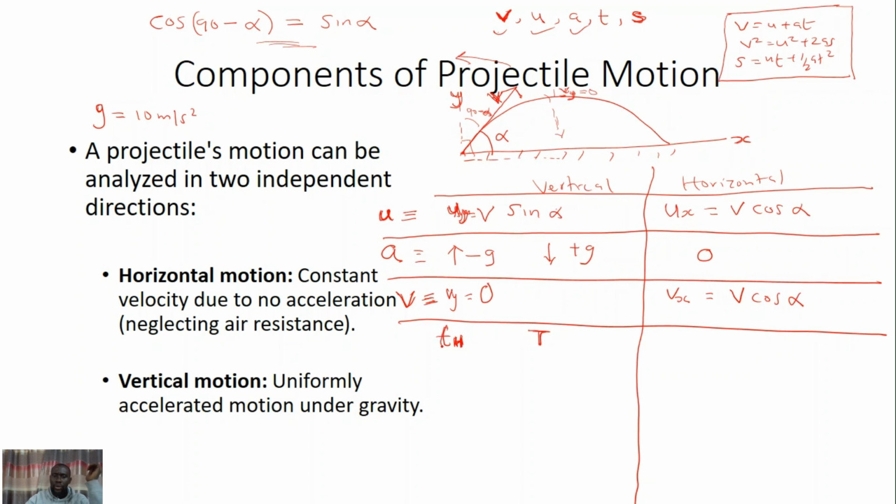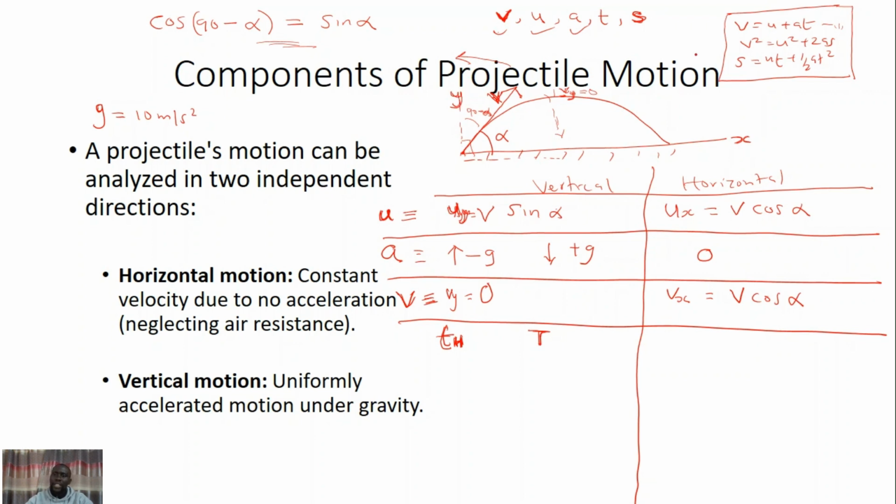Now, how do we calculate the time to reach the maximum height? The time to reach the maximum height is calculated using the first equation of motion, equation 1, which is v equals u plus at. If you want to calculate the total time of flight, you have to consider the vertical component of the motion.